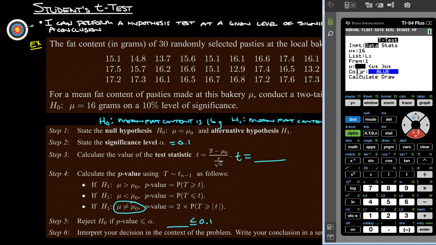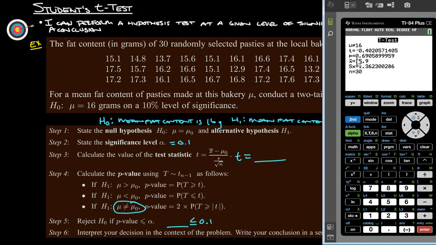We want to go into the not equals part. So make sure, especially if one of these others is already highlighted, that when you go into this, instead of it just blinking, you push enter so that it makes that one highlighted and nothing else. Then go down to calculate, and it will come up with all of our important juicy information.